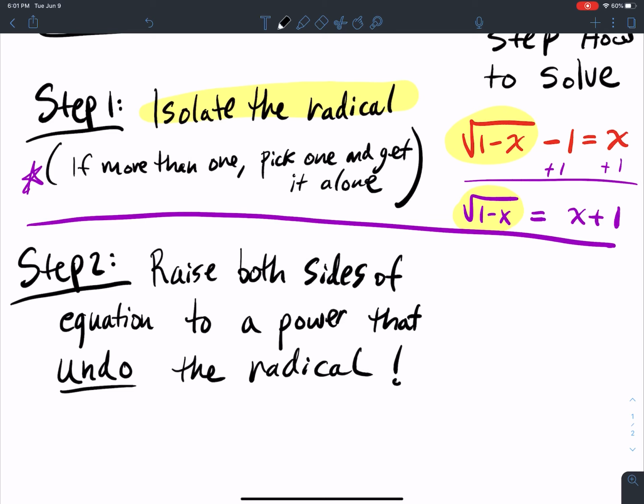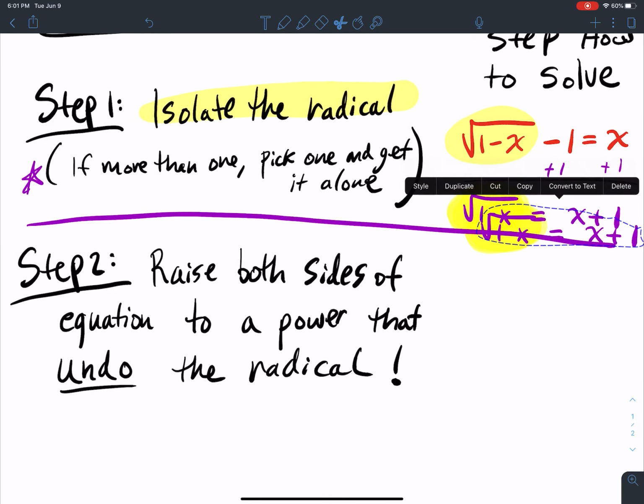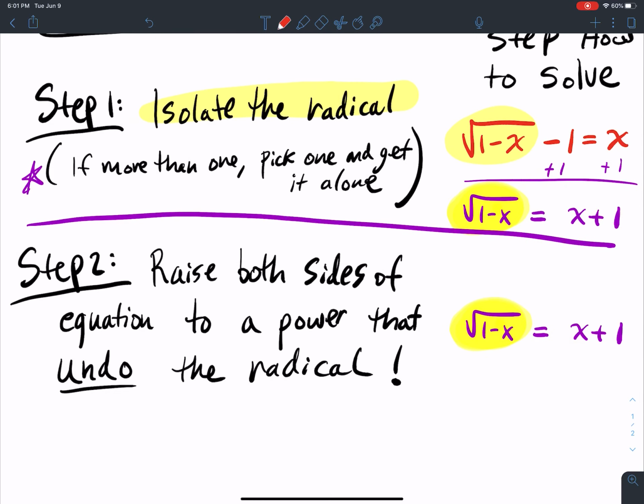Okay? So what do I mean by that? What power can I raise this square root of 1 minus x to get rid of that radical? Okay, so let me copy this down here. I can raise this to the square power to get rid of the radical.